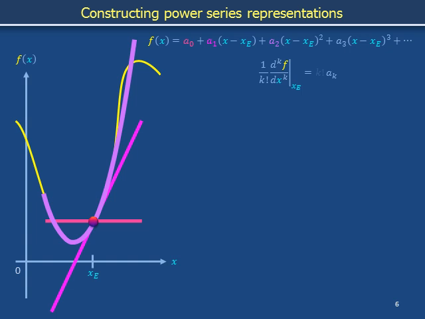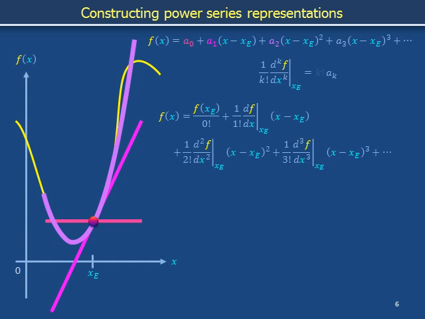Substitute this expression for a_k into the power series representation for f of x at the top of the page. We have determined that f of x expands as f of x sub e plus 1 over 1 factorial times df/dx at x sub e times (x minus x sub e), plus 1 over 2 factorial times d squared f/dx squared at x sub e times the square of (x minus x sub e), and so forth, which can be written as the sum from k equals 0 to infinity of 1 over k factorial times d^k f/dx^k at x sub e times the kth power of (x minus x sub e).